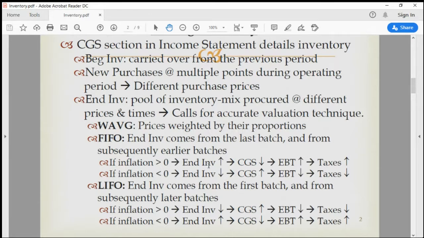And if that is inflation across the entire economy, using the higher ending inventory would lower the CGS, so it will increase the EBT, and it will increase the taxes.